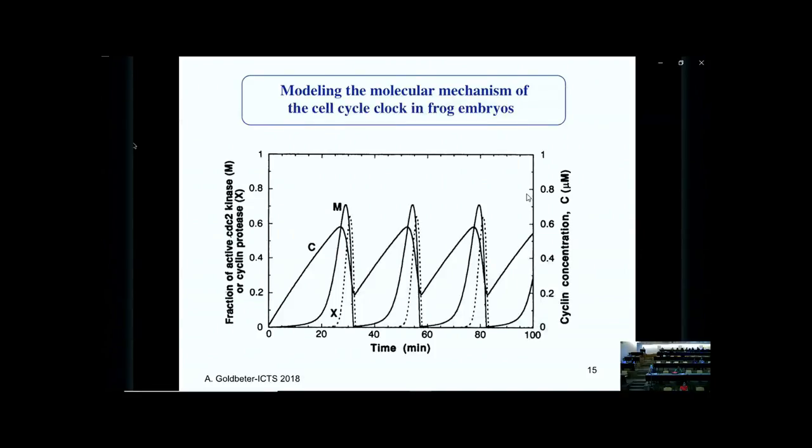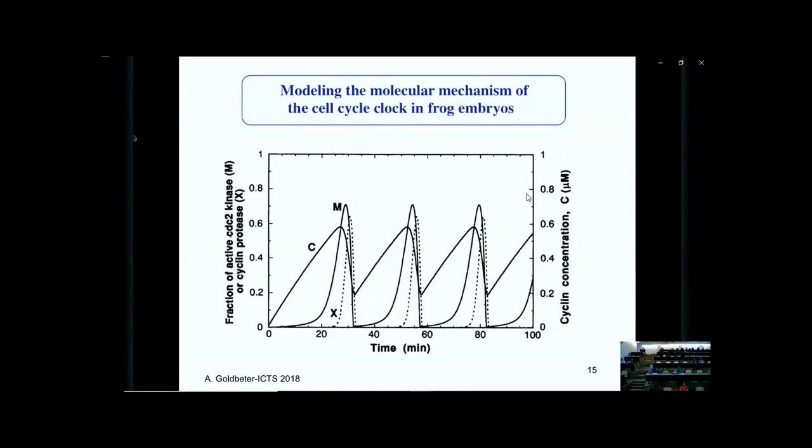Then it triggers the activation of M, which is the kinase CDC2. The activation of M triggers the activation of the protease X, and this is followed by a decrease in C. The decrease in C triggers a decrease in M, the active CDC2 kinase, and this causes a decrease in X, the protease, and it allows another round of cyclin synthesis.